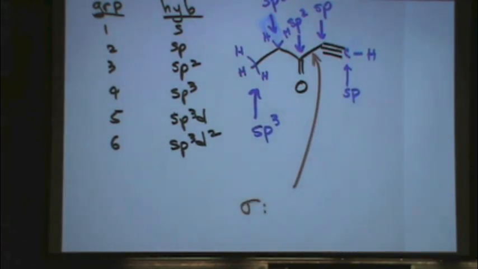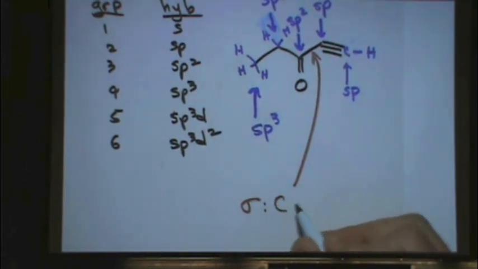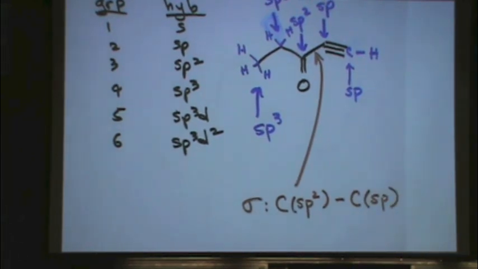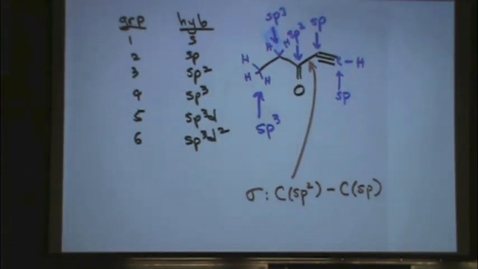All the single bonds are only sigma bonds. So it's a sigma bond with the carbon on the left having an sp2 hybridized orbital, overlapping with the carbon on the right having an sp hybridized orbital. Given any particular bond, you should be able to write or identify what orbitals are overlapping. That's about all I've got for hybridization. As long as you can count the groups, you're pretty good.